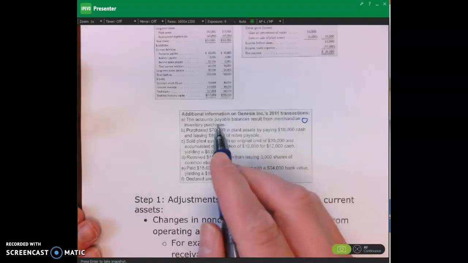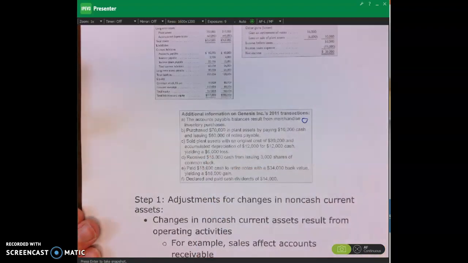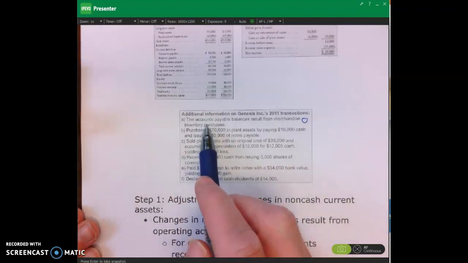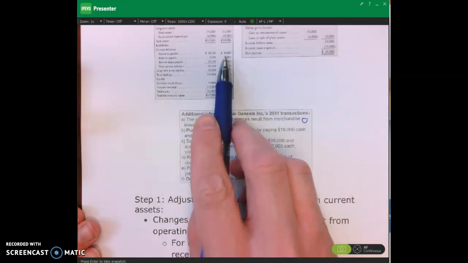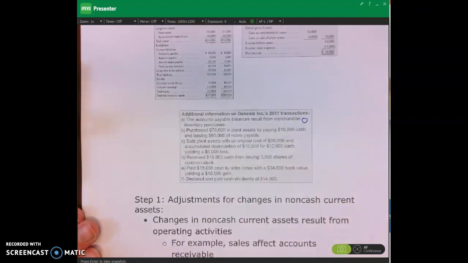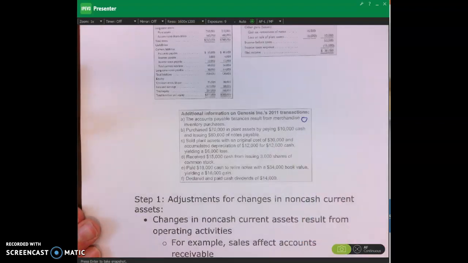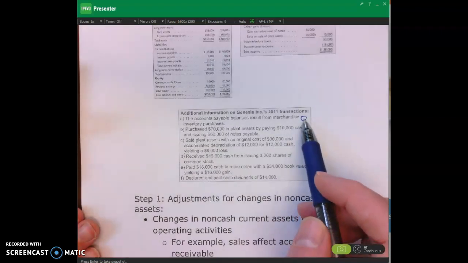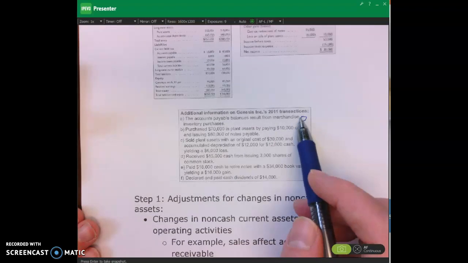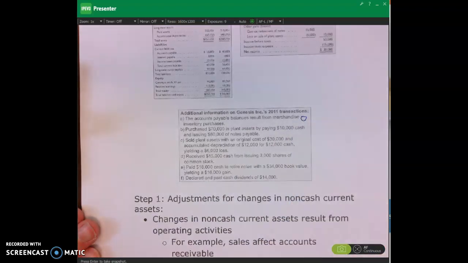I'm going to put O for operating, saying that this deals with operating activities. It says our accounts payable balance, which is a current liability, relates to merchandise inventory purchases. That's something we want to know, especially when we tackle the direct method, which is in a future lecture video, but I just want to cue you in. This deals with operating activities.